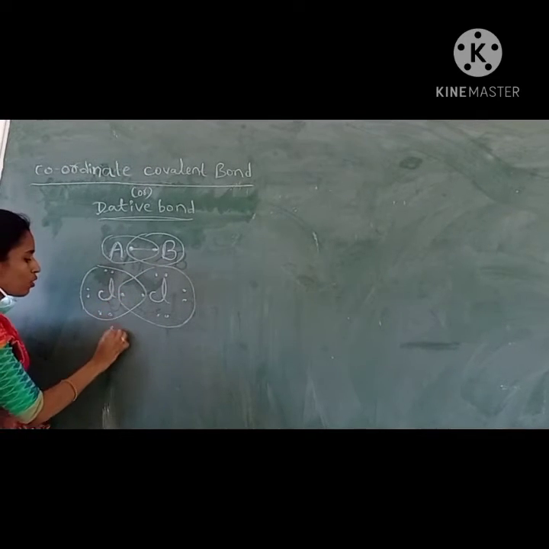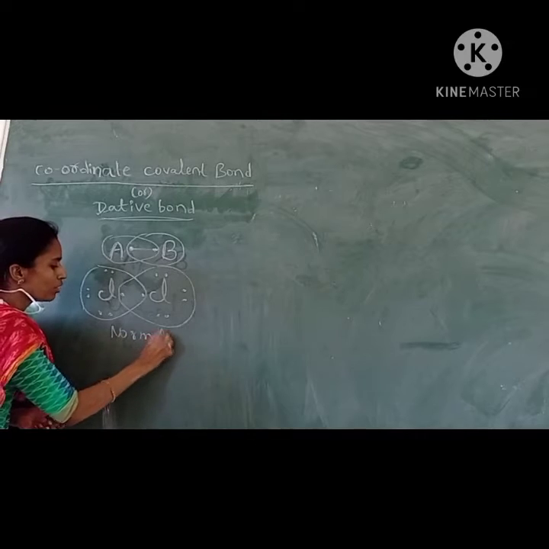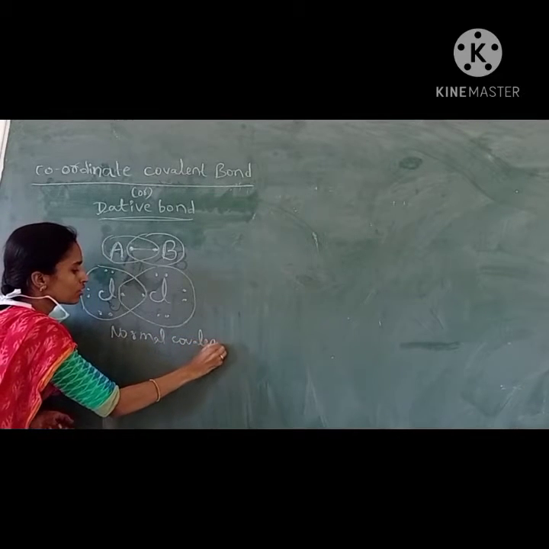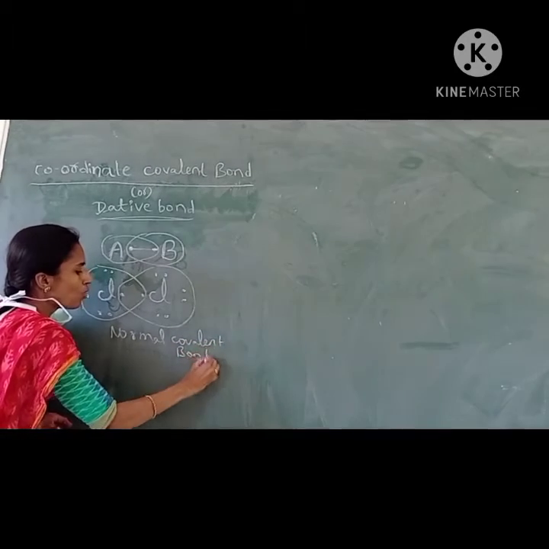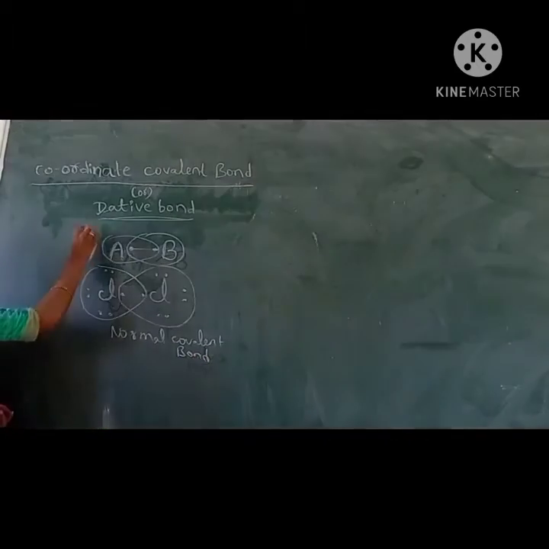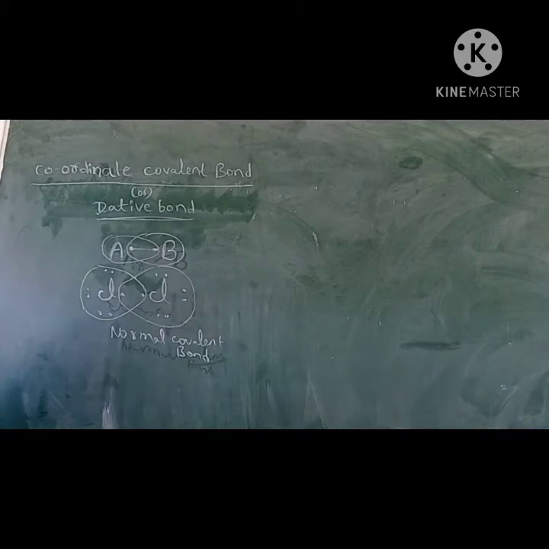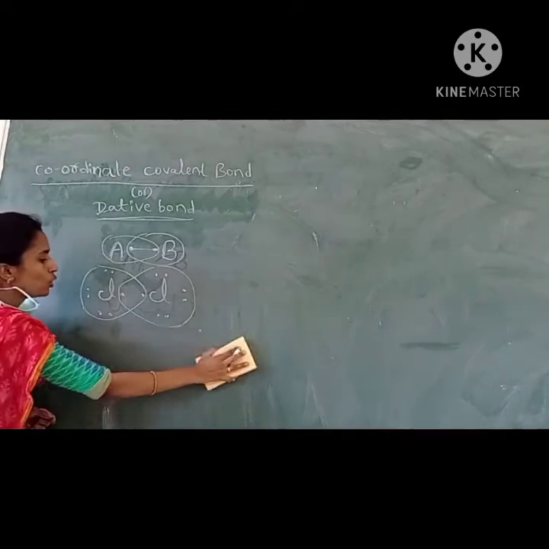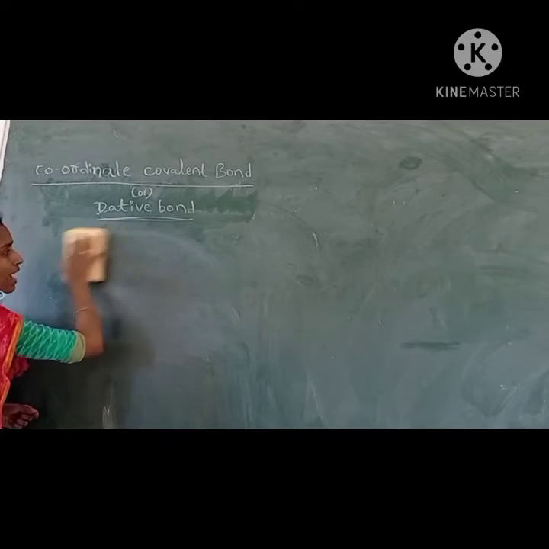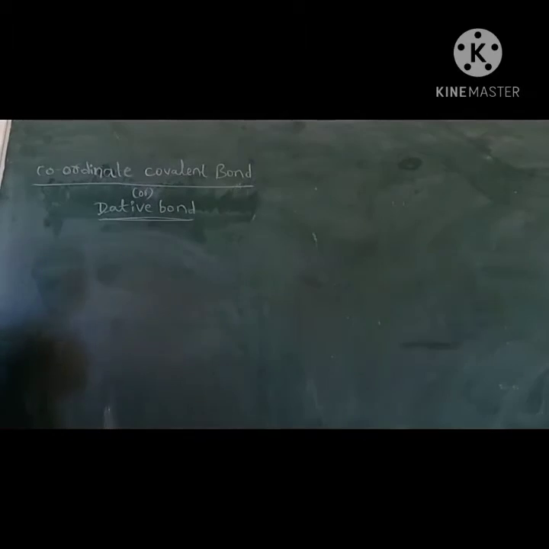This is the normal covalent bond. But coordinate covalent bond is a special covalent bond, where the electron pair is donated by one atom and accepted by the other atom.